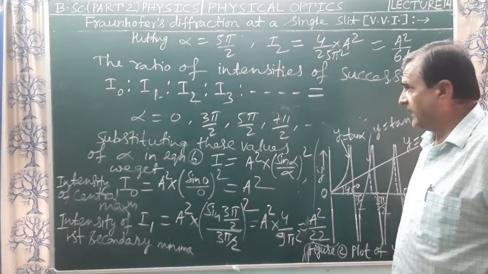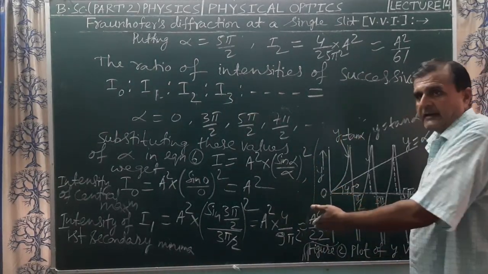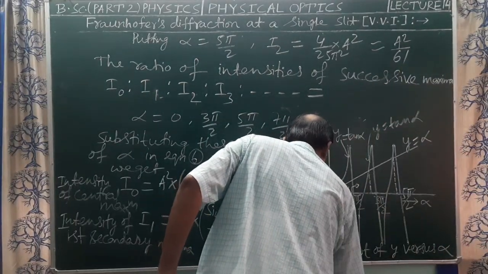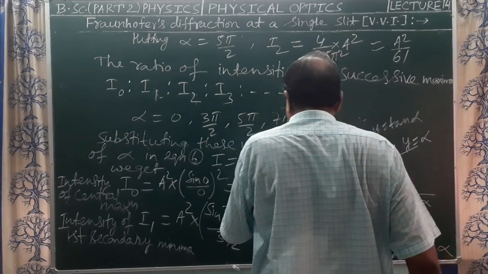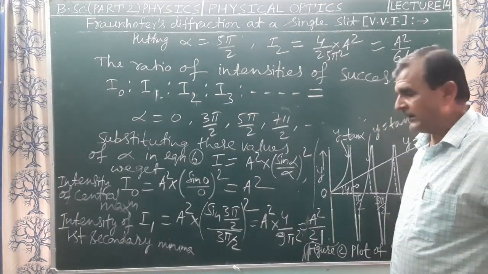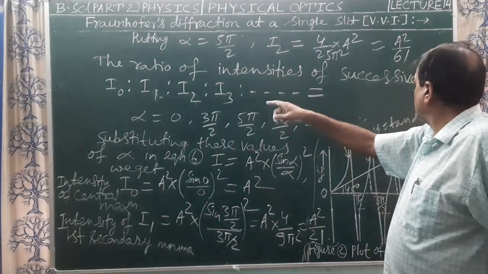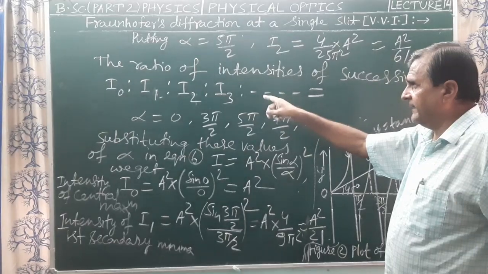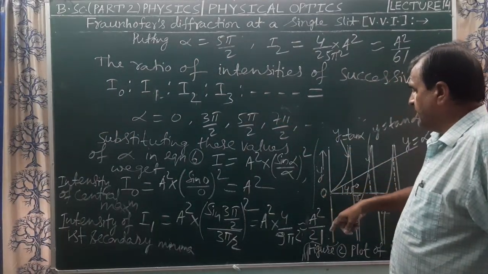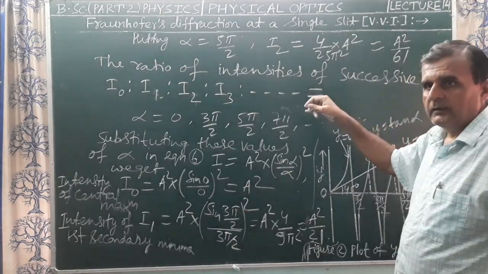Next, I1 is A squared by 21, nearly equal to A squared multiplied by 4 upon 9 pi squared, nearly A squared by 21. So we have I0 ratio I1 ratio I2 ratio I3: A squared ratio A squared by 21 ratio A squared upon 61, next A squared upon 121.